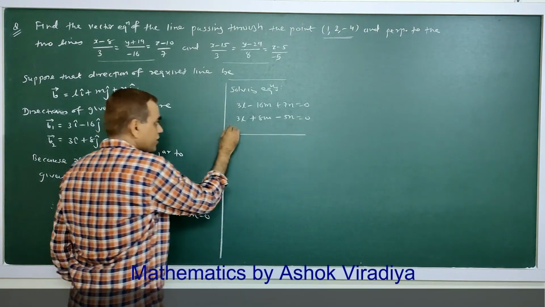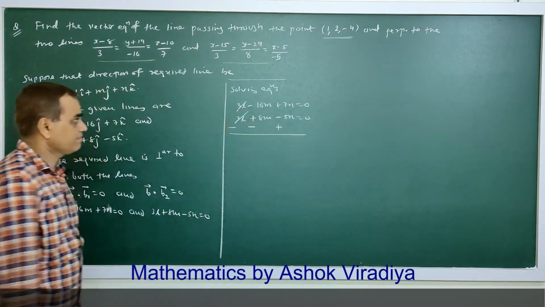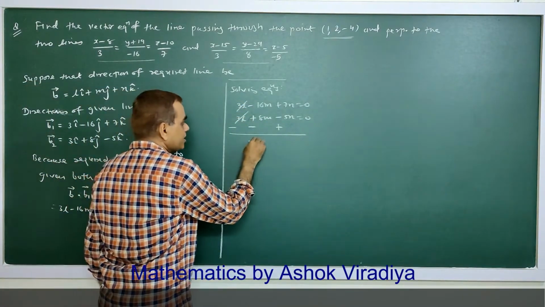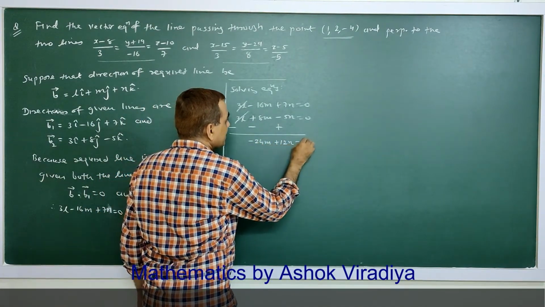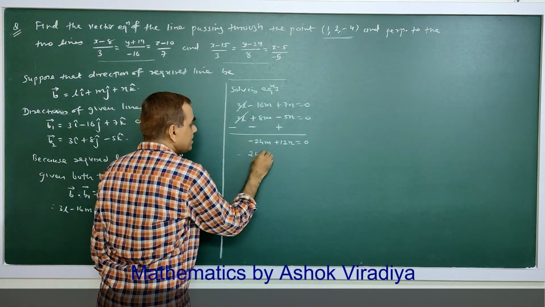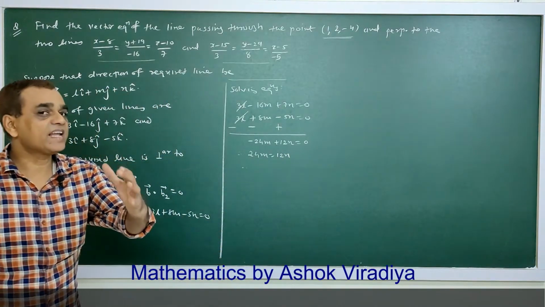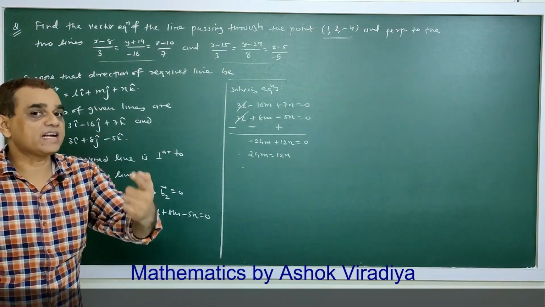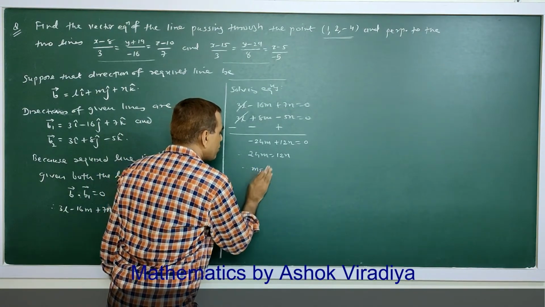Now taking subtraction here, minus minus plus, so 3L will be cancelled. This is minus 24m plus 12n is 0. So 24m is 12n. We are getting values of L and m in terms of n. So m is equal to n by 2.